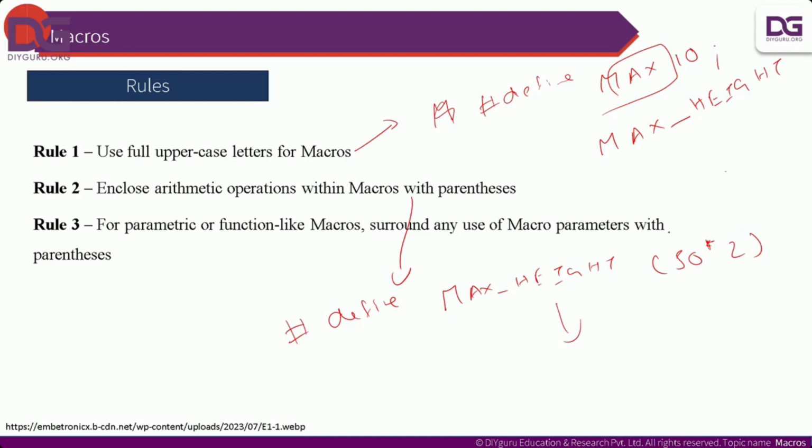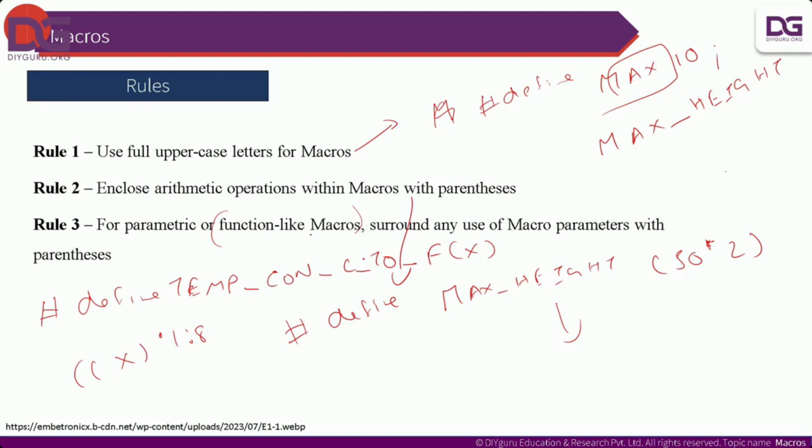Then next is parametric or function-like macros. We're going to have a function, say define a temperature conversion macro, C underscore 2 to F, and the expression will be x star 1.8.